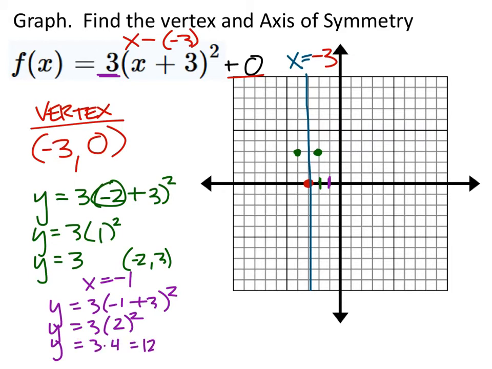And we can see right there, it's exponential, so we would expect the values to get farther and farther apart. At negative 1, 12, that's already off of my graph right here, but it should help me to at least see what is happening. And then we could go 2 to the right from there on the axis of symmetry. And now, let's go and draw that line. There we go. That's pretty good.